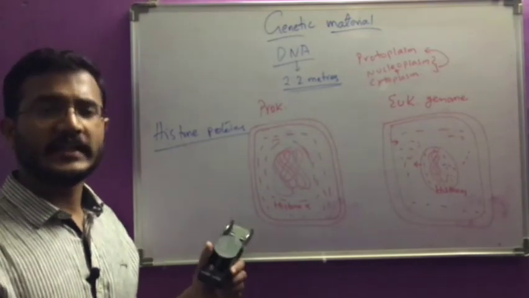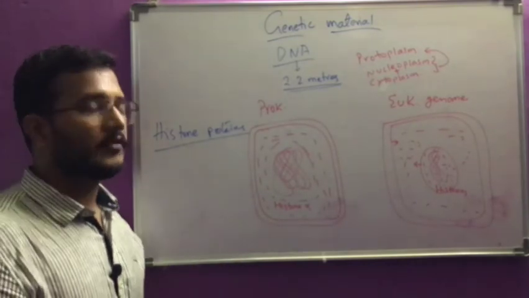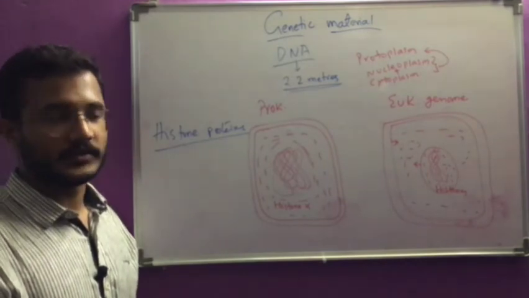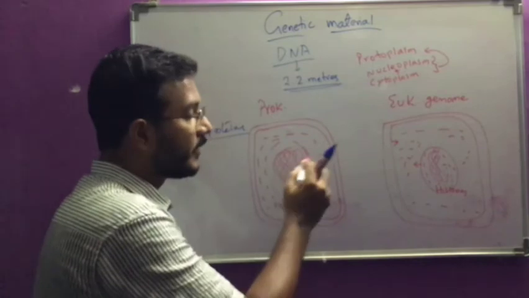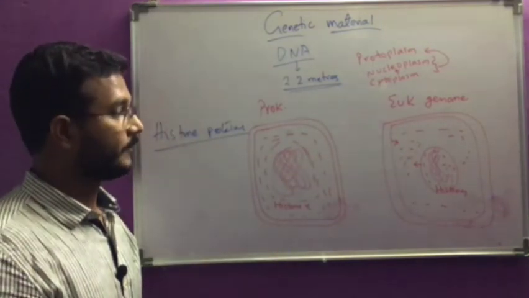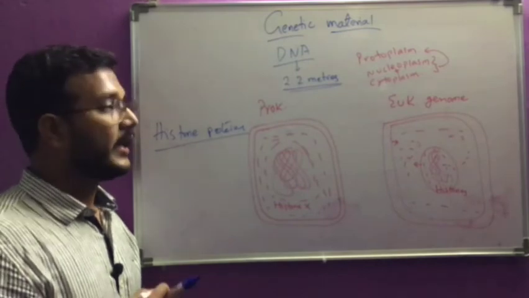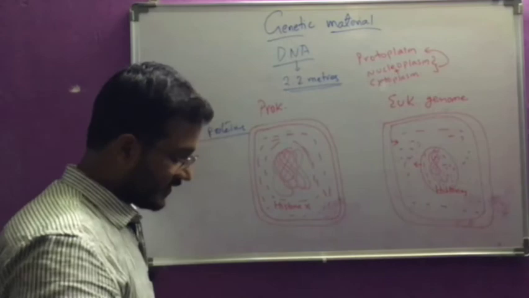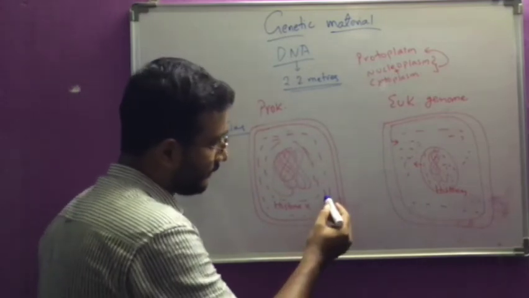And this is the structural organization of genetic material in prokaryotes and eukaryotes. See here, this is the normal DNA. But another difference regarding the genetic material is that prokaryotes contain another set of DNA.